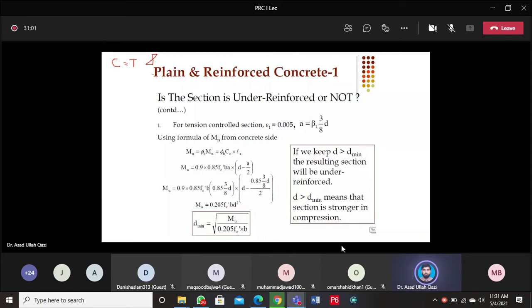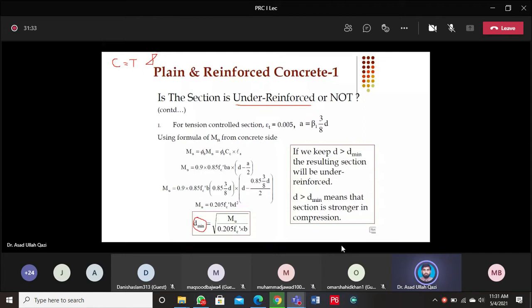Now there is one more derivation on this slide, which will help us in proportioning the cross section, and particularly in selecting that effective depth which will result in a section which is under reinforced, tension controlled.